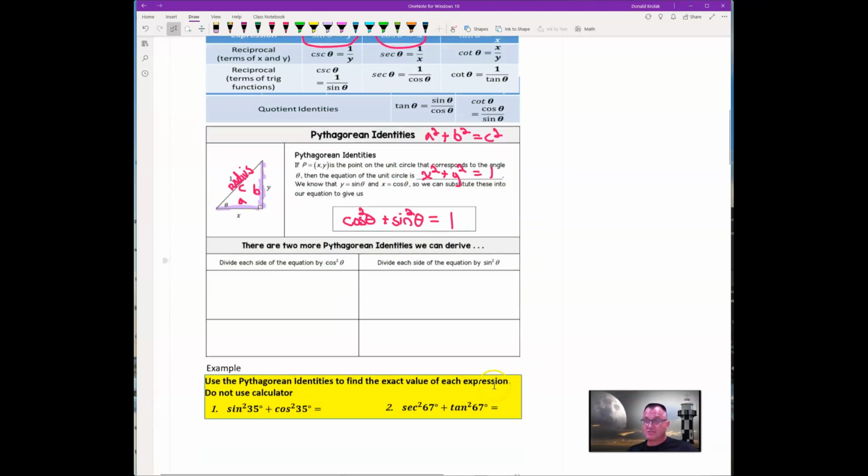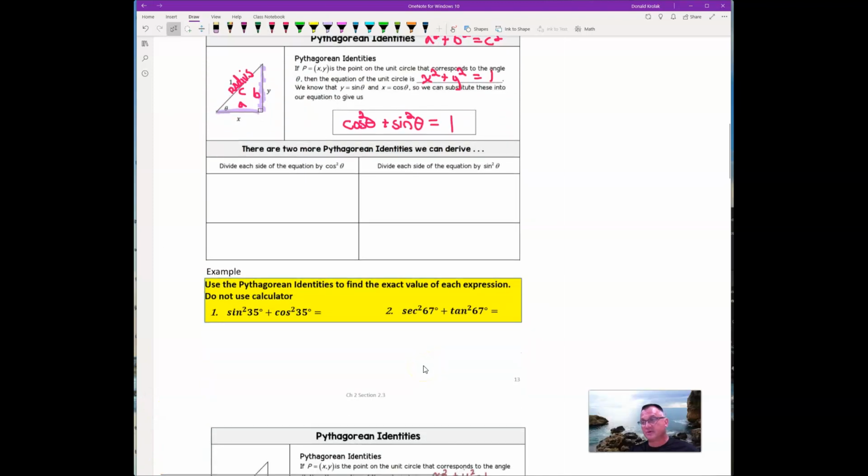So what that allows you to do is, if you look at this example right here, this is an example of the Pythagorean identity. Sine squared of whatever angle, doesn't matter, as long as they're the same, plus the cosine squared of that angle, that's going to equal 1. Okay, and it wouldn't matter what's in there. If I had sine squared pi over 6 plus cosine squared of pi over 6, that's going to equal 1.